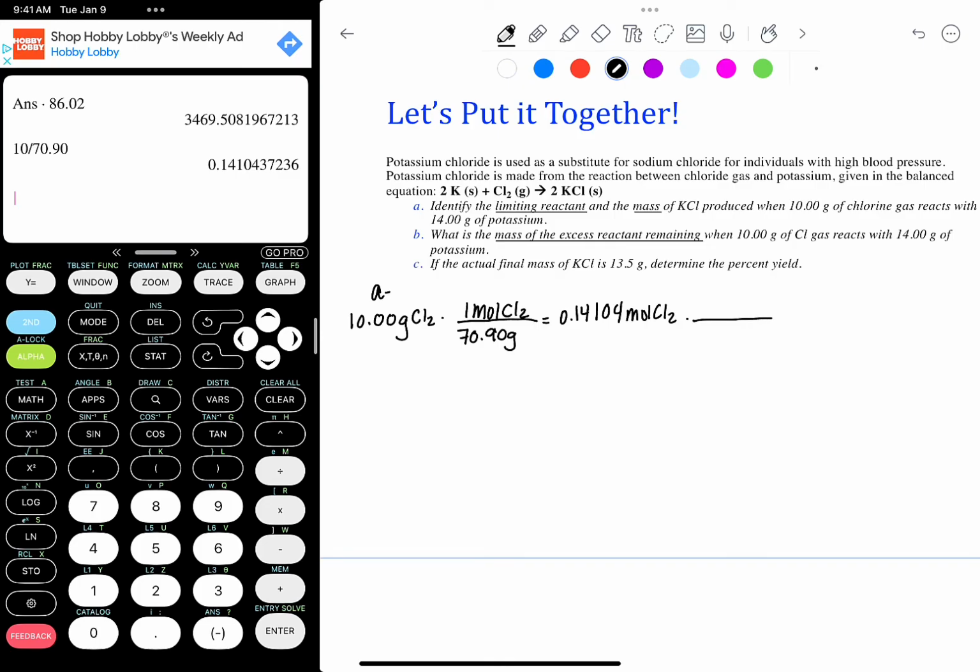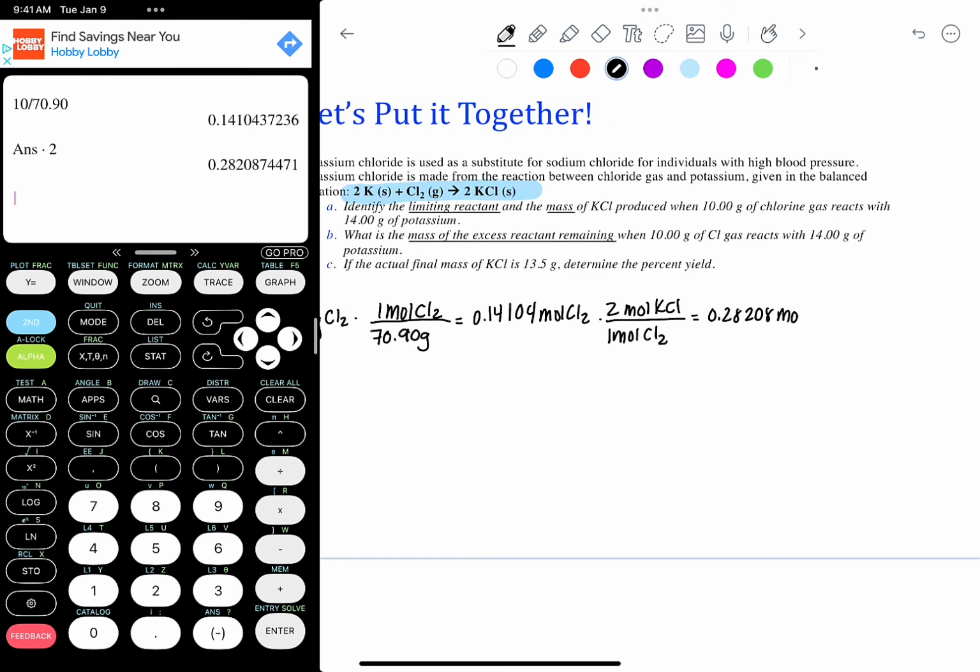We can now convert this to moles of KCl using our balanced equation. So for every 1 mole of Cl2, we create 2 moles of KCl. So we take that 0.14 and we multiply it by 2 to get out 0.28208.